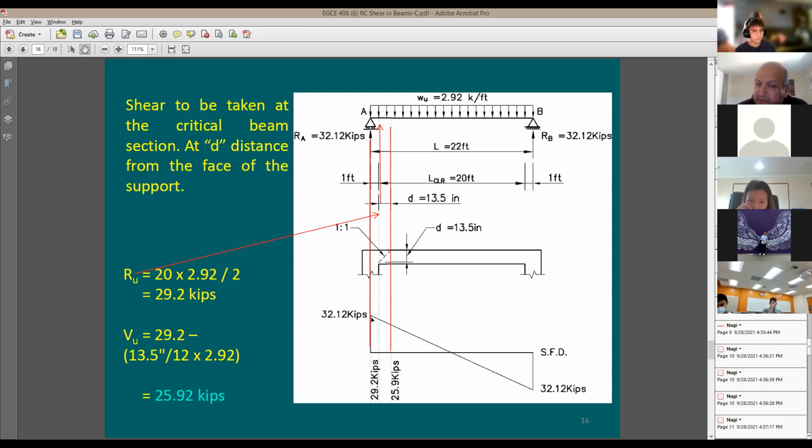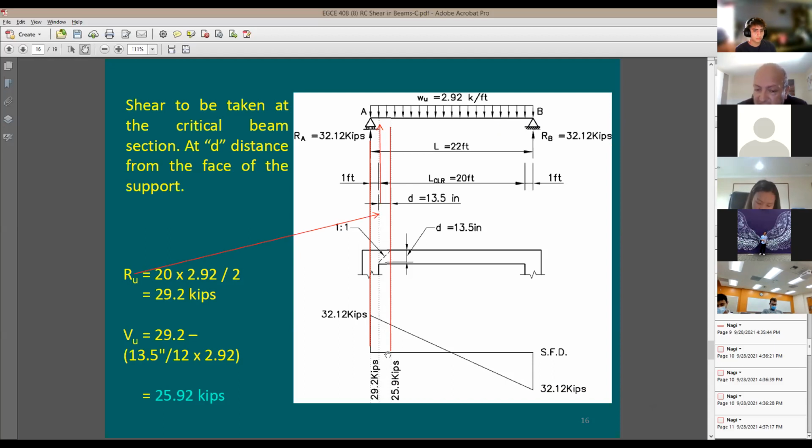Now, this is going to be my shear diagram. And my understanding from the shear diagram is that for each single foot that you move to the east direction, your shear value is going to drop down by 2.92 kip per foot. So okay, good. What does it mean?